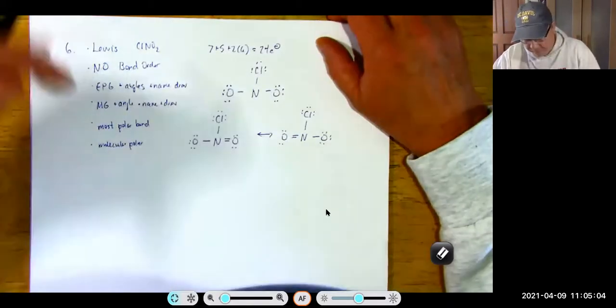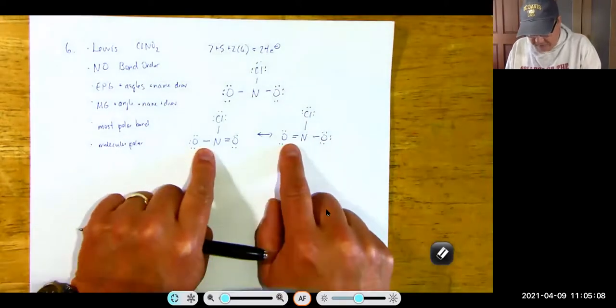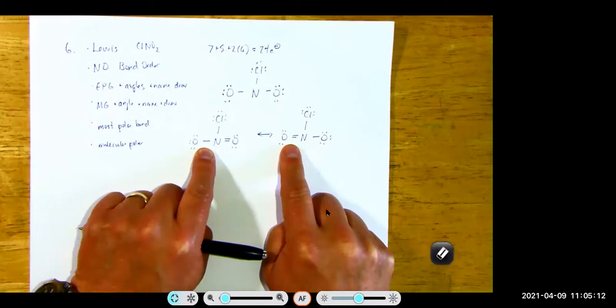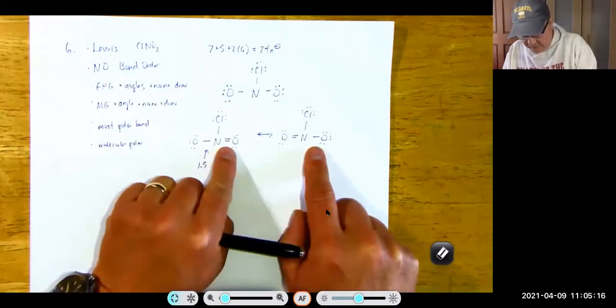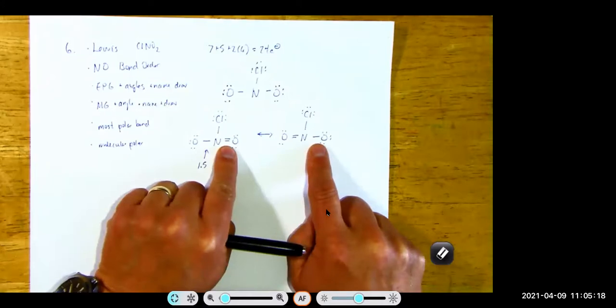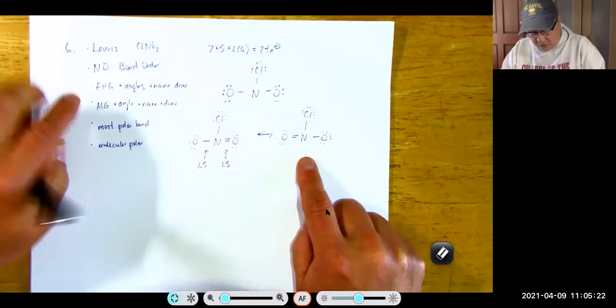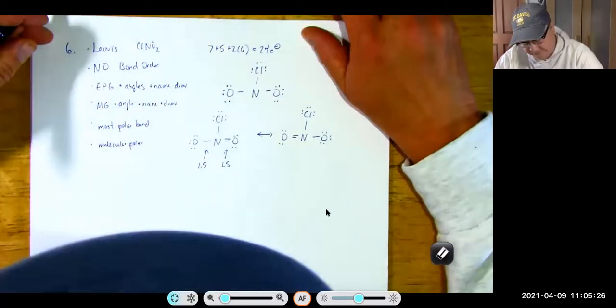Okay, so what is the NO bond order here? 1.5. Now, what is the NO bond order here? It is also 1.5. Okay, so we can use the same answer for both bond orders. They're all 1.5 for nitrogen, oxygen, right?